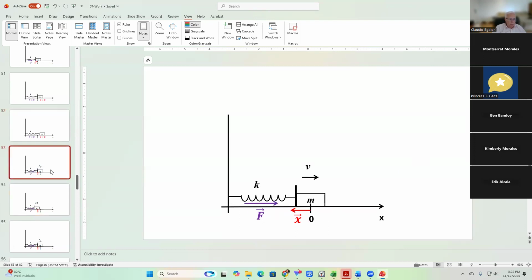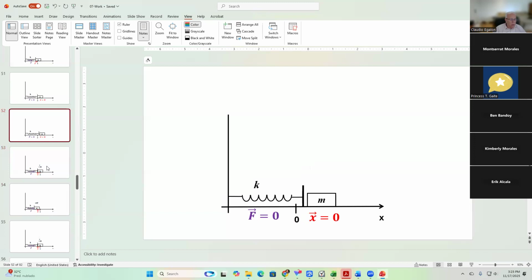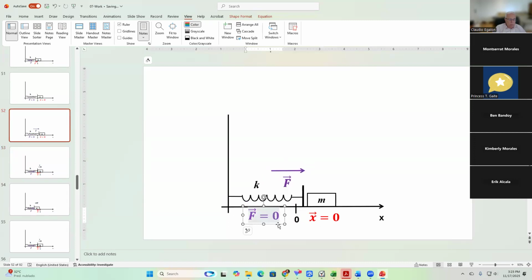Can you picture that? There will be a little bit of force, but now the force is going to be in the other direction. The force is going to invert direction, no longer zero.